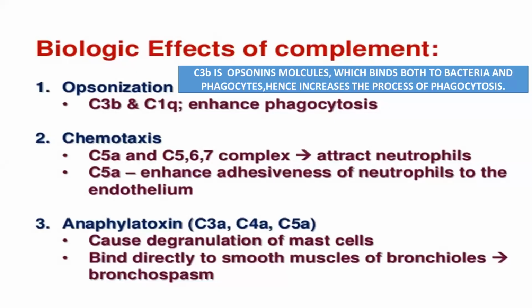The biological effects of the complement may be opsonization. C3B is an opsonizing molecule. It means that it binds both to the bacteria and the phagocytic cells, macrophages, which hence increases the process of phagocytosis. So C3B is also known as opsonin. In the chemotaxis process, C5A and the C5-6 complex attract the neutrophils, and C5A enhances the adhesiveness of neutrophils to the epithelium.